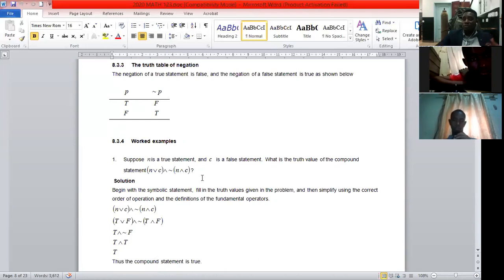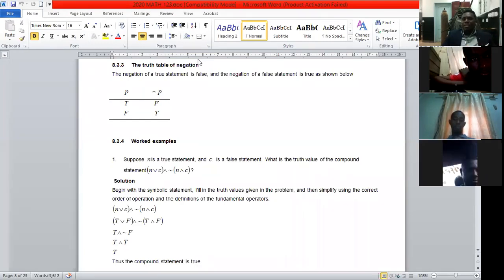Have you seen how we have simplified that statement in terms of symbols? If one statement is true and the other is false, and you have these logical operators connecting the symbols representing the statements, then the truth value of that compound statement can be determined.